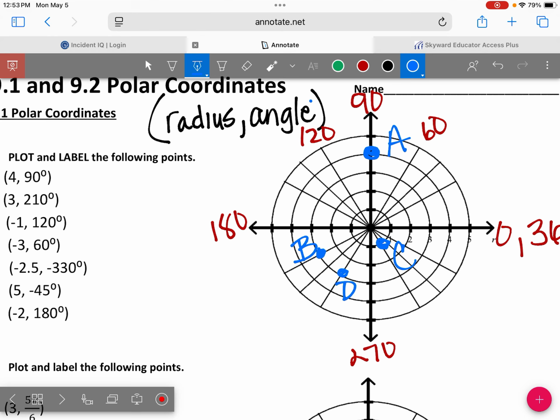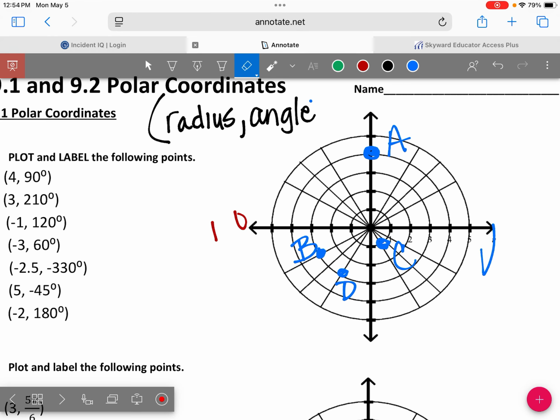And then we got point E. So now for point E, I want you to notice that we have a negative radius and we have a negative angle. Okay. A negative angle, that means I'm rotating this direction. Okay. So I'm going to go ahead and erase this, and I'll put it back if I need to. But when we're talking about negatives, this would be 0.